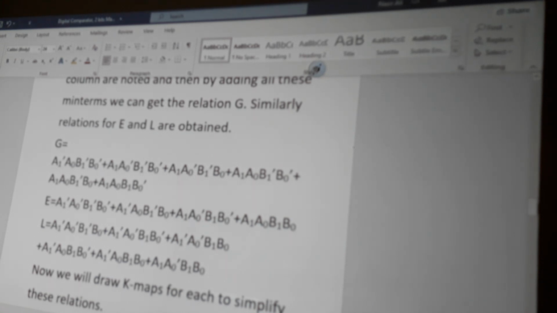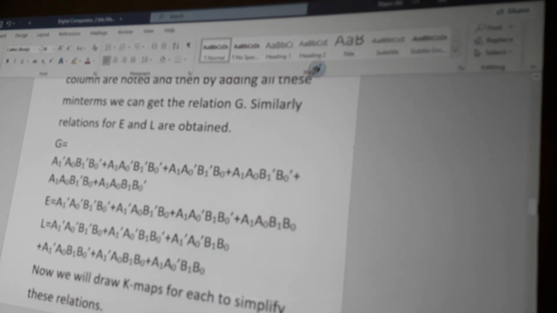So all the min terms corresponding to 1 in this column are noted, and then by adding all the min terms we will get the relation of G. Similarly, we will write the relation of E by looking at the column of E, and the min terms corresponding to 1 in this column are noted, and by adding all the min terms we will get the relation E. Similarly, we can write the relation of L.